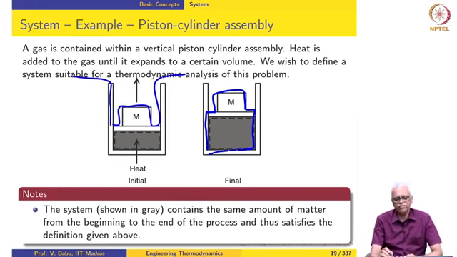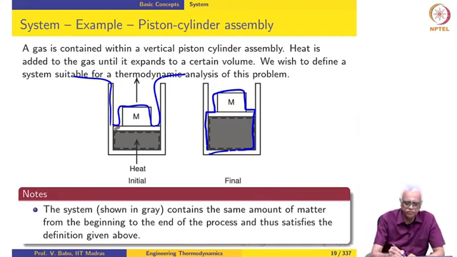So that may also be defined as a system. All these are valid systems, and depending on what is actually asked for in the particular problem and what is given, some of these systems may prove to be easier to work with than others. And again, as I said, the choice is made based on the problem statement and what is required in the problem.